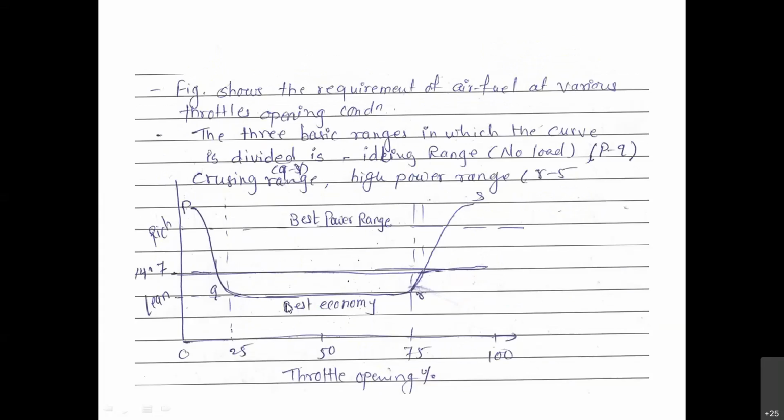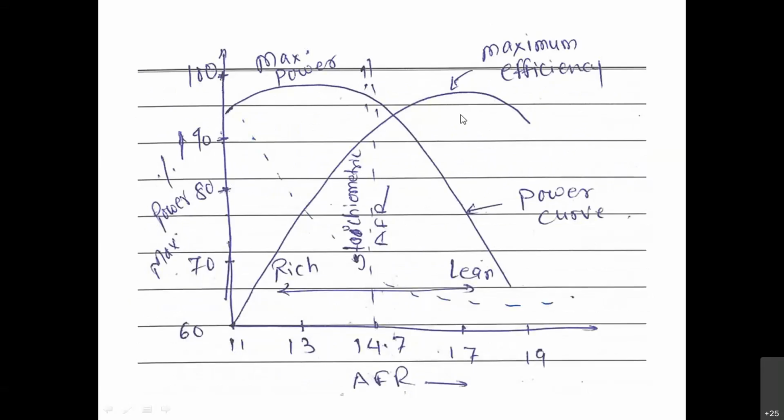For example, here we have represented three different conditions. The regions are divided into idling range, where there is no load, and in that case it changes from rich mixture to lean mixture. For the cruising range, it uses the lean mixture to get maximum fuel efficiency.